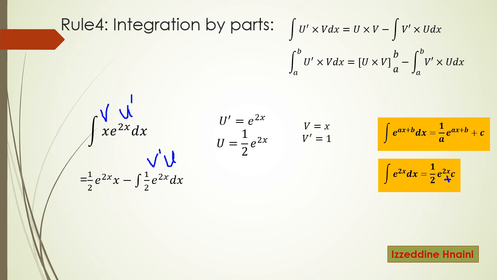Again, we want to find the antiderivative of e^x. Go back to this rule. The antiderivative of e^x is 1/2 e^x, and we have 1/2, so we get 1/4 e^x. Then the antiderivative of x e^x equals 1/2 x e^x minus 1/4 e^x + c.